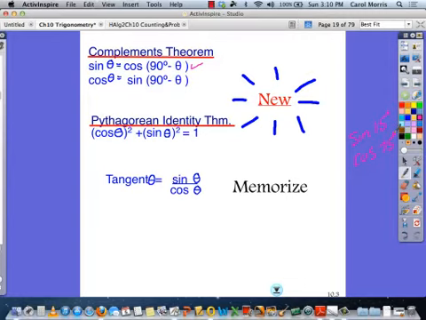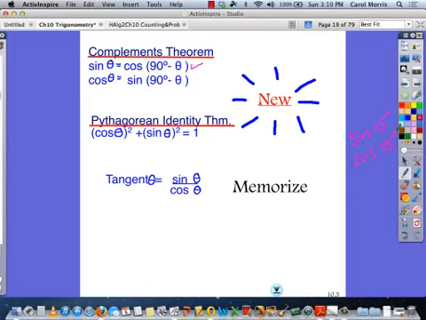If I said, take the cosine of 15 degrees, find out what that is, go ahead and square it, add that to the sine of 15 squared, you should get 1. Every single time. And again, this is the acute angles that we're talking about. That's what we're worried about right now, all of our angles that are still in our triangles.